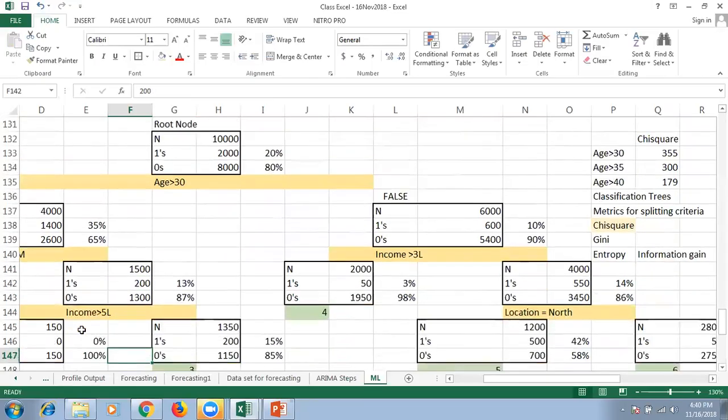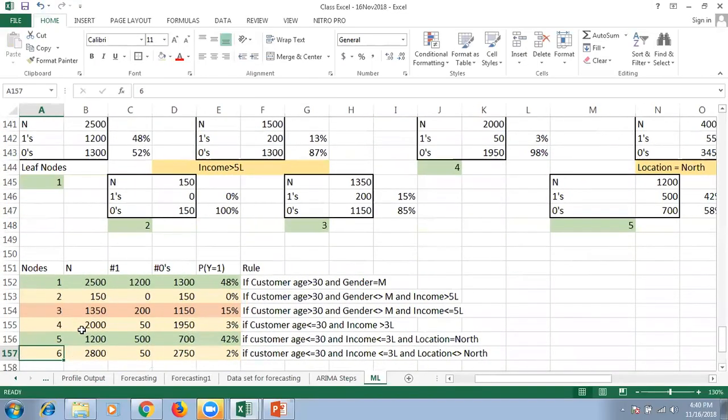So in this case, which node is purer? The second node is a 100% pure node, right? In this case, all the customers are good customers. And this is also a very pure node, and this is also a pure node. Why? Majority of customers are either zeros or ones.